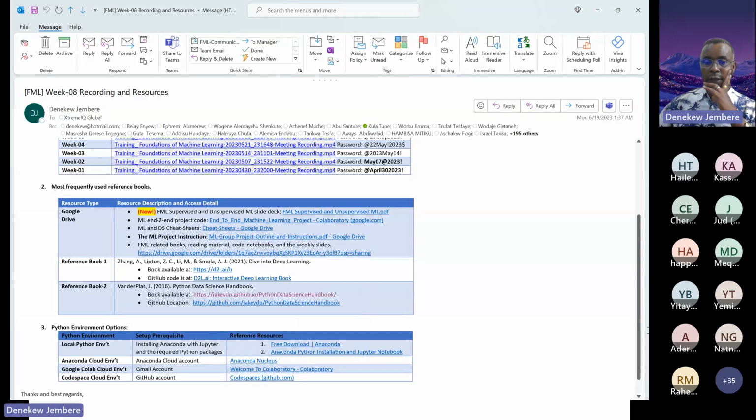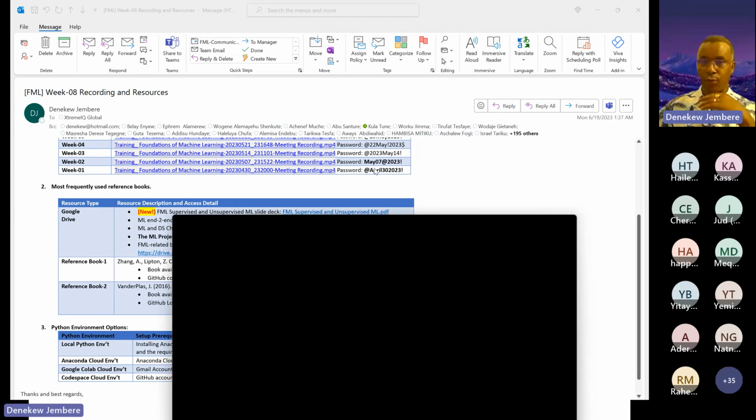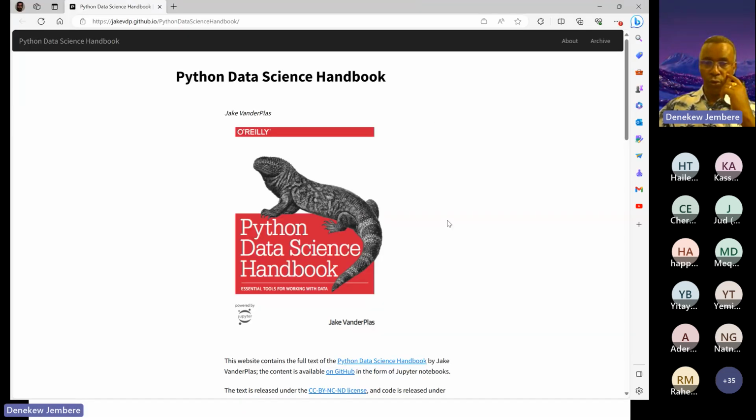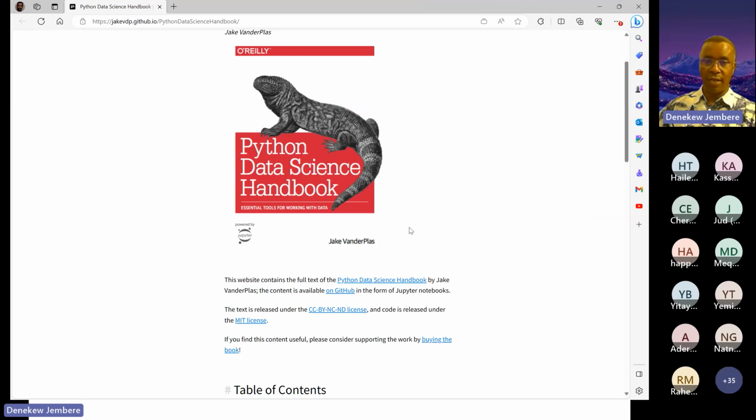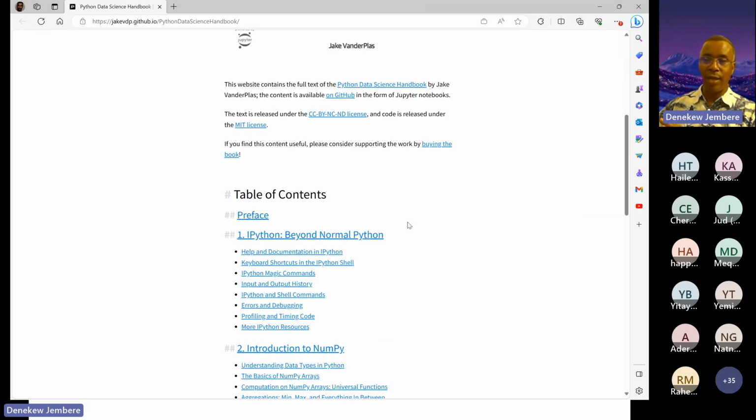Any other question while I'm opening this? Okay, so this is reference book 2. Reference book 2 is provided as is. There is no PDF of this book.